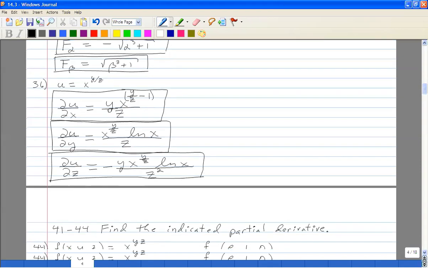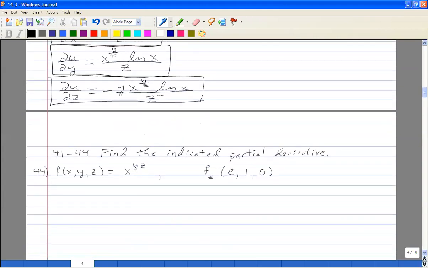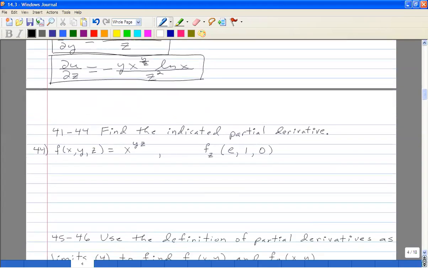In exercises 41 through 44, find the indicated partial derivatives. Okay, so f of xyz equaling x to the yz. Let's take the partial of f with respect to z. So I have a constant x to the power of some constant times the variable z.